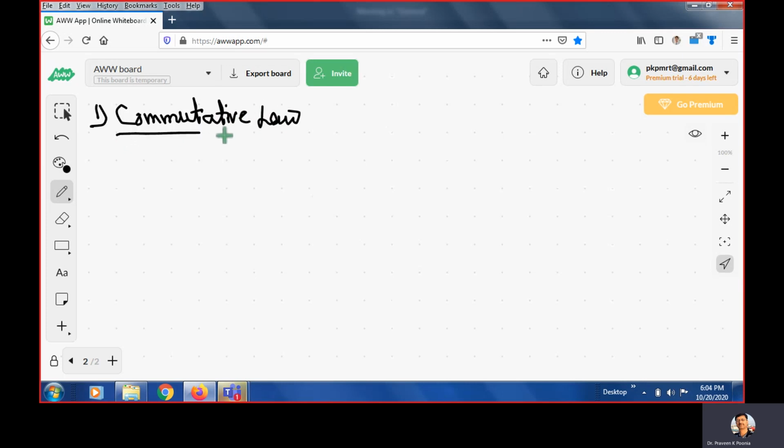Commutative law. What is commutative law? Commutative law is basically on plus and multiplication. So A plus B equals B plus A. That means if you are finding 2 plus 3, it is same as 3 plus 2.